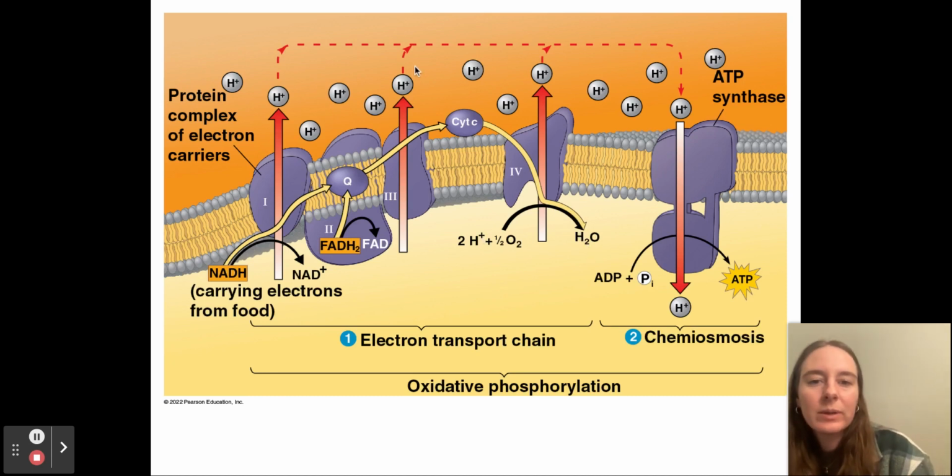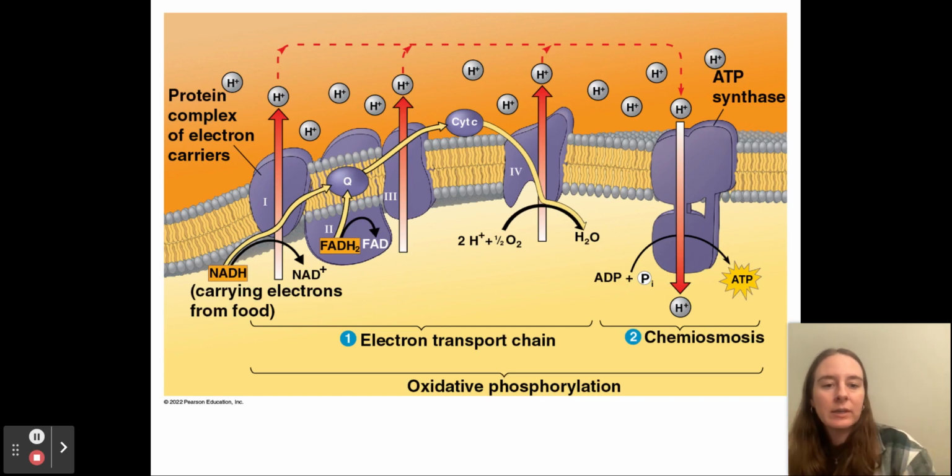So the whole point of this was to generate a concentration gradient of hydrogen. We're going to use this enzyme here called ATP synthase to allow facilitated diffusion of hydrogen ions down. This is going to turn this like turbine here. I'll show you a picture later of ATP synthase, which will then do something called oxidative phosphorylation, which basically is adding on this last phosphate to ADP.